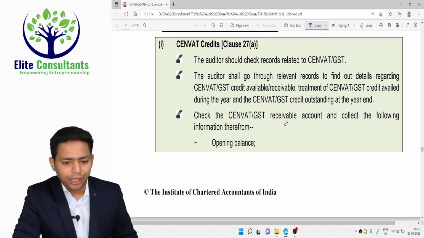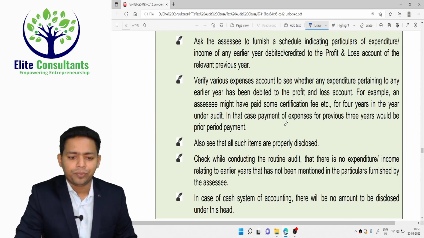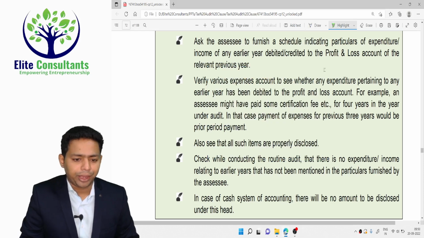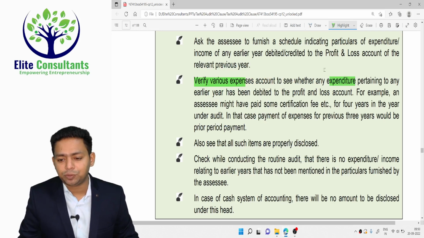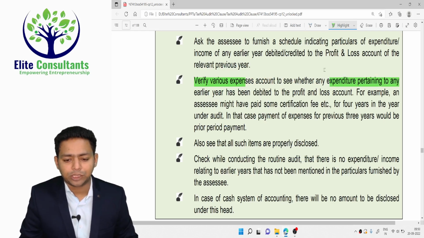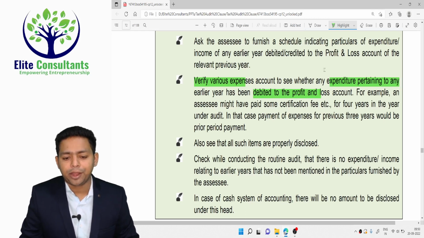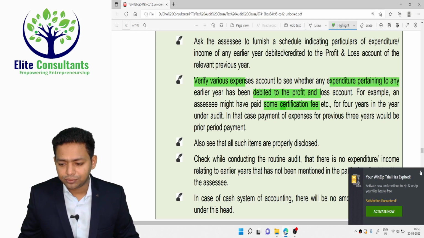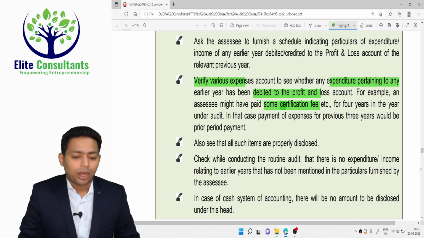One example they have given in this audit practical understanding, I'll read it for you. Verify various expense accounts to see whether any expenditure pertaining to the earlier year has been debited to the profit and loss account. For example, an assessee might have paid some certification fee for 4 years under the audit.